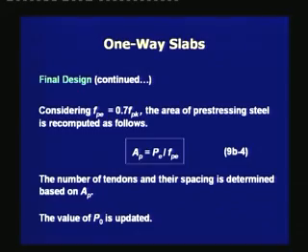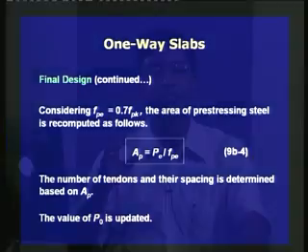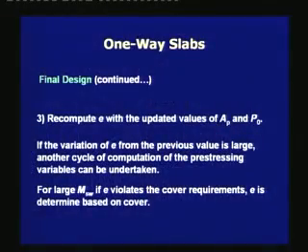And with this, we know the amount of prestressing force under service conditions, and we can update the value of prestressing force at transfer. Once we have updated P0, we can recompute E again with the updated values of AP and P0.